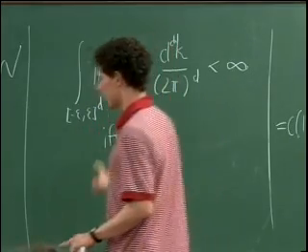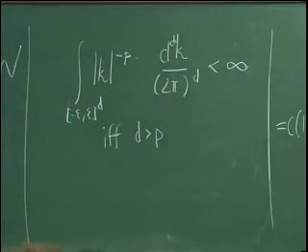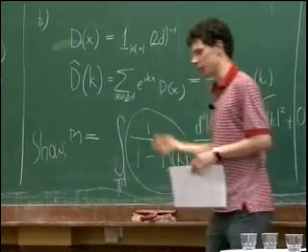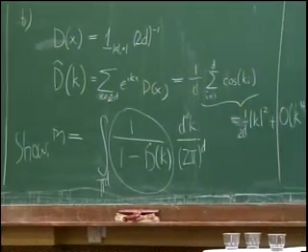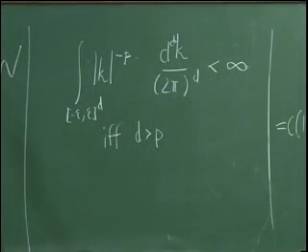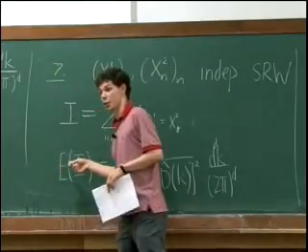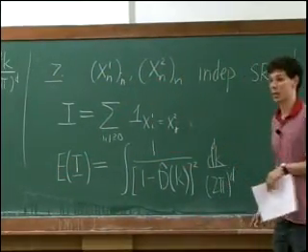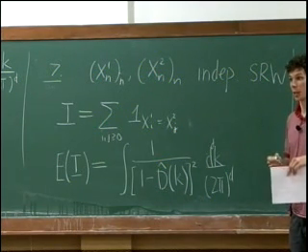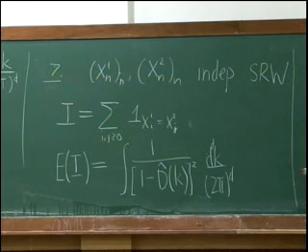So from this calculation, we see that the simple random walk is recurrent in dimensions 2 or lower and is transient in dimension 3 and higher. And we see that two independent simple random walks have a finite expectation of intersections in dimensions above 4 and an infinite expected number of intersections in dimensions below 4. Other way around, sorry. But you know what I mean.